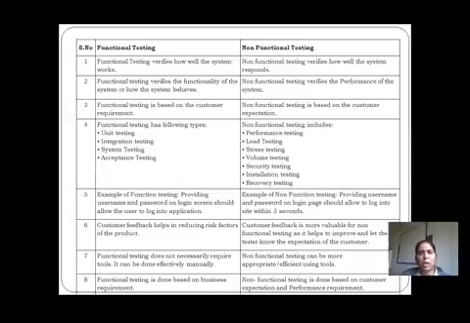Because these are the requirements where we focus on how the system is responding and how the performance of the system is. It is totally based on the customer's expectations, and that expectation is nothing but the performance requirement for that particular system or application. So this is the difference between functional and non-functional testing.